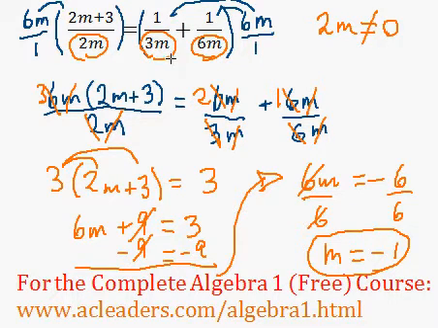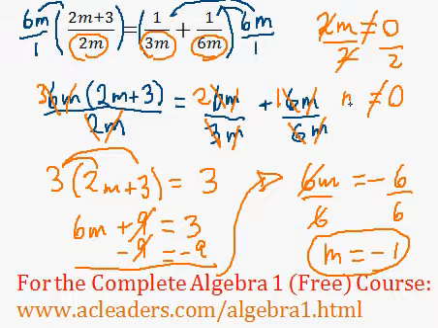Because no denominator can be equal to 0. And if we divide both sides by 2, 0 over 2 is just 0. So regardless of the number that we pick, we can say that 3m would be not equal to 0. That would also give us just 0. So the only restricted value that we have is 0.